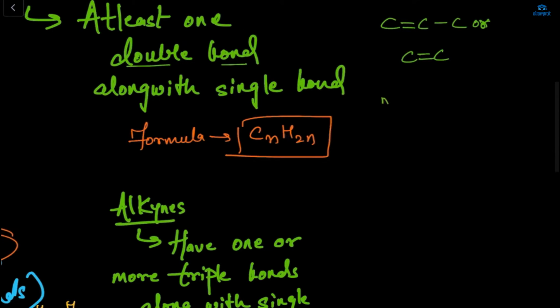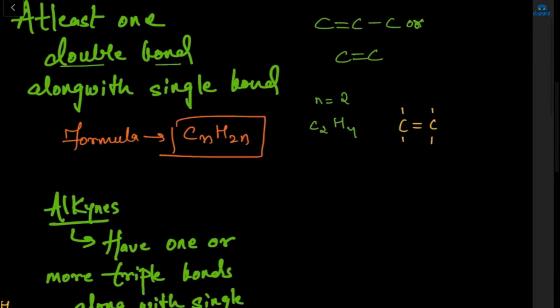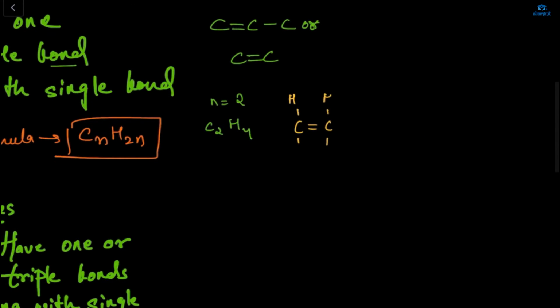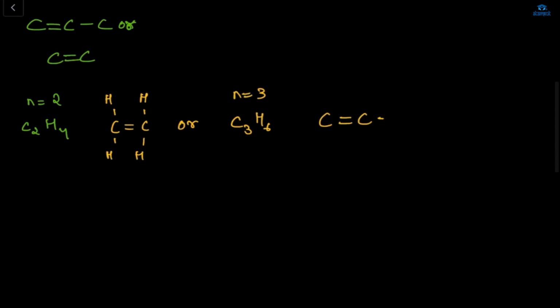The formula of alkene is CnH2n. So let's say if I write n equal to 2, it will be 2 and 4, so your formula will become C2H4. Here will be H, H, H, H. Or if I write n equal to 3, it will be C3H6, so C3 and H 1, 2, 3, 4, 5 and 6.